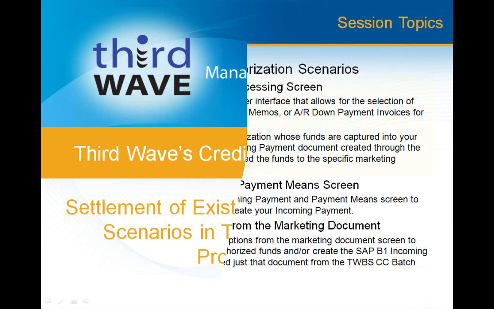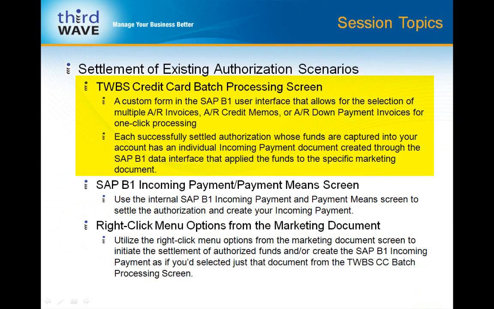So let's get started. Third Wave's credit card processing application provides you with a custom batch processing screen developed in the SAP Business One user interface that allows you to select multiple documents, either AR invoices, AR credit memos, or AR down payment invoices, and process them all with the click of a button to allow you to settle the funds into your account and also create the incoming payment in SAP Business One.